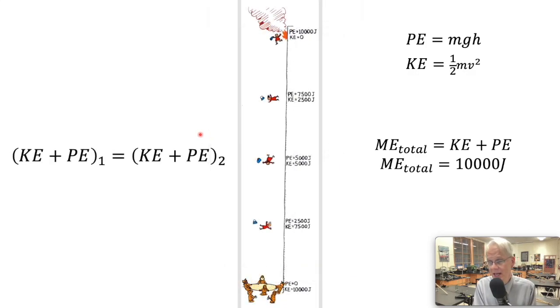So to put this in a mathematical sentence, to start out with, if we took our kinetic energy plus our potential energy, we had 10,000.